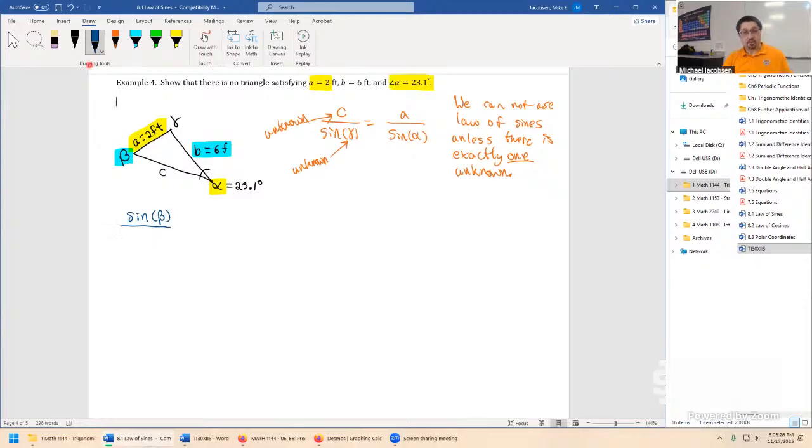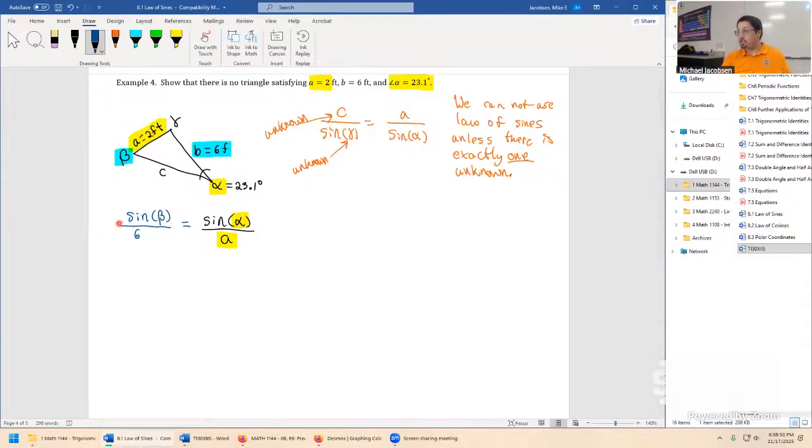I'm putting sine of the angle in the numerator this time, since beta is the unknown. Divide by 6 feet, and I'll just write it in as a 6, dropping the units, equals sine alpha divided by A. Excuse me, we're a little rusty on my Greek. Might as well just reuse that color coding to remind where everything is in the triangle.